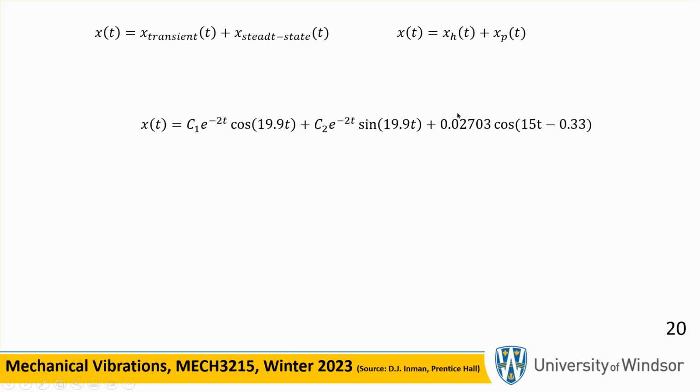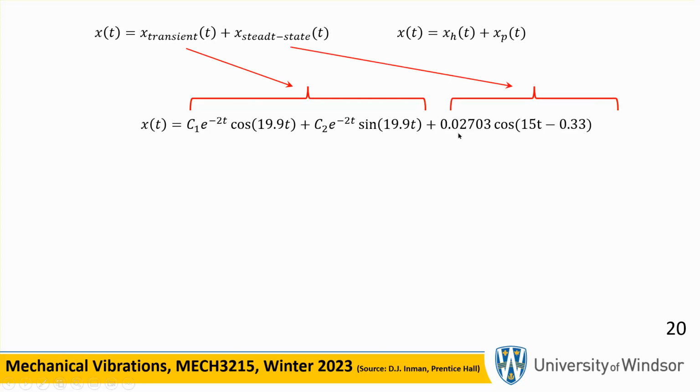This is what we got in the previous slide. We have to find C1 and C2, and you have to do it when you write the entire solution. This is the transient, which will die down. This is the particular solution, which will never go away. And C1 and C2, you get by initial condition.